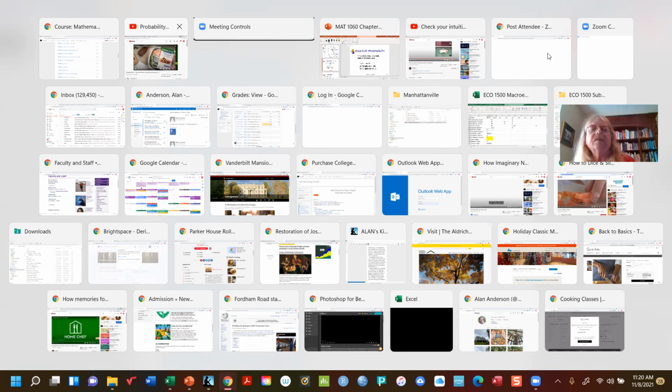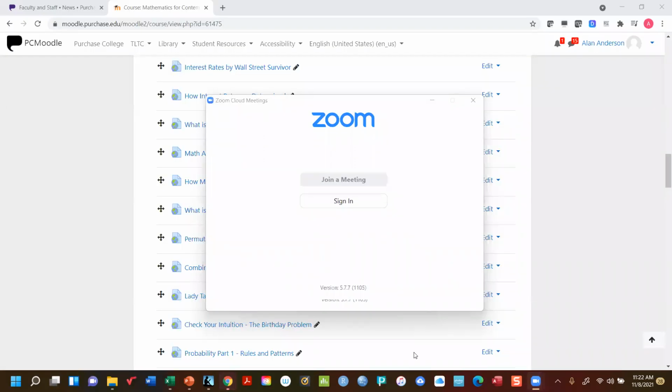Now, the last several times we were able to get it going again. Yeah, this is really annoying. Yeah, the meeting controls are completely messed up.